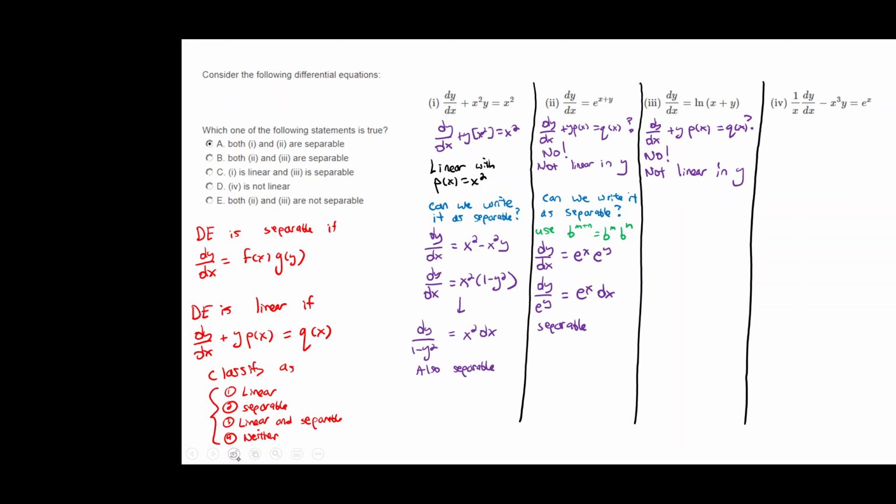Okay, so our next thing is, can we write it as separable? What are our log properties? We have ln of m times n, ln of m over n, ln of m to the n, but none of those apply.